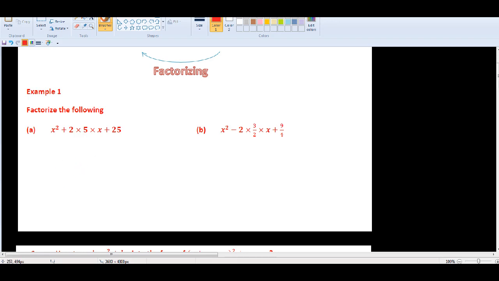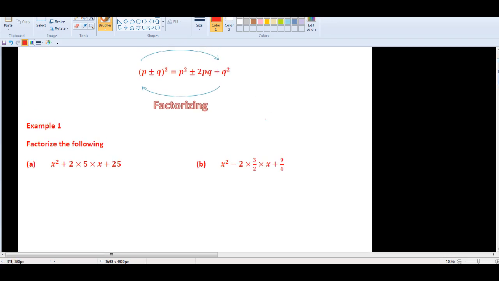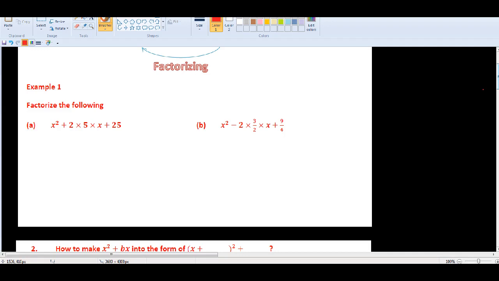That happens in our video 6 and 7 about the factorization of monic quadratics and non-monic quadratics. But this time, since we have this formula, we're just going to use the most convenient one.